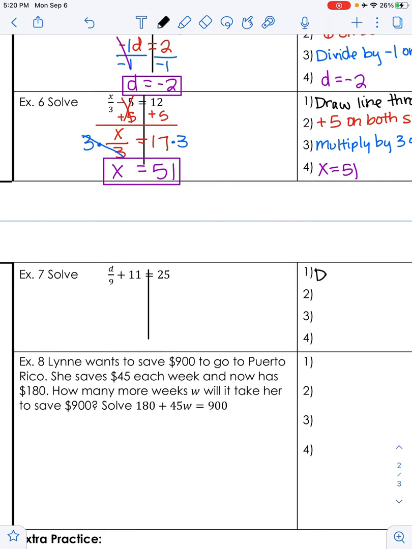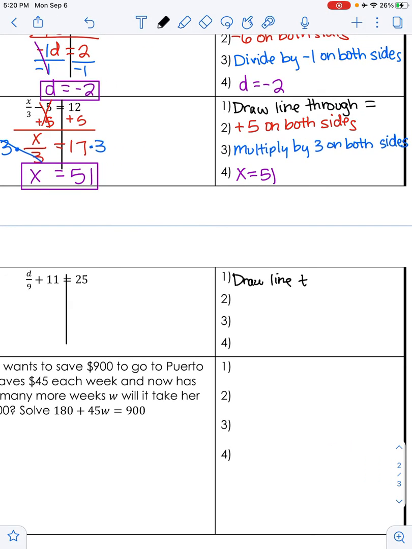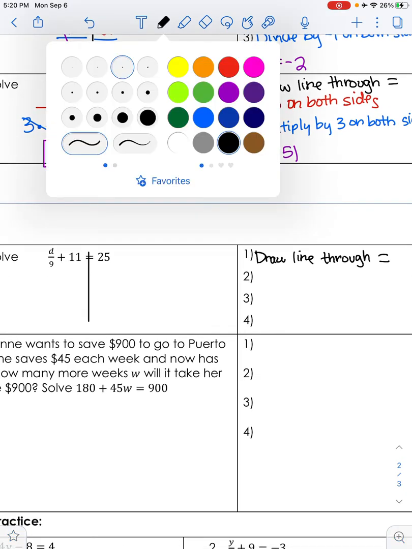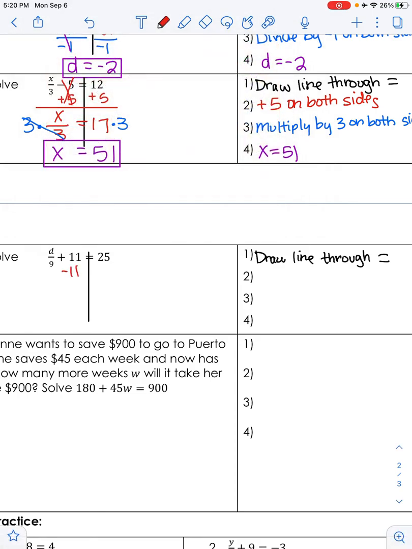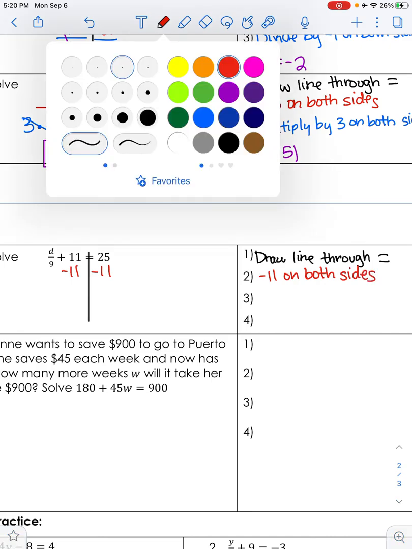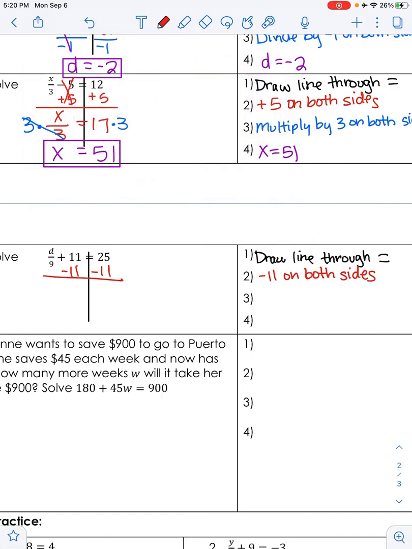So we start by drawing a line through the equal sign. Okay, then we need to move our constant, so we subtract 11 from both sides. So when we do that, 11 minus 11, we're left with d divided by 9 equals 25 minus 11 is 14.